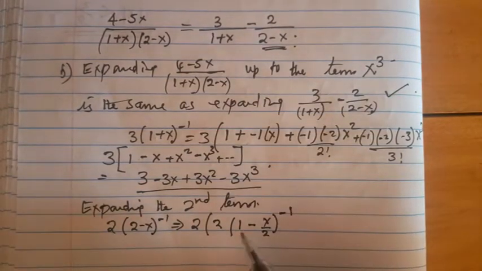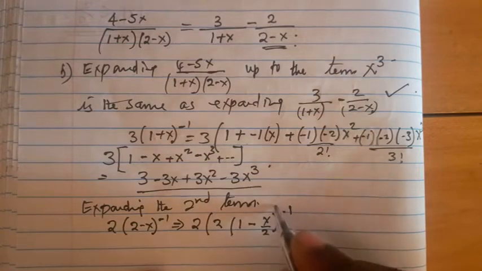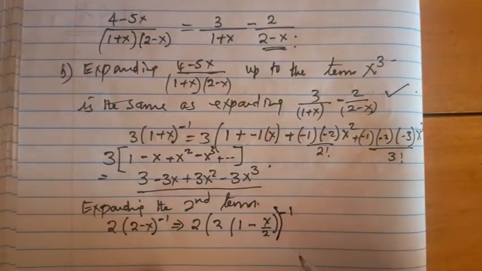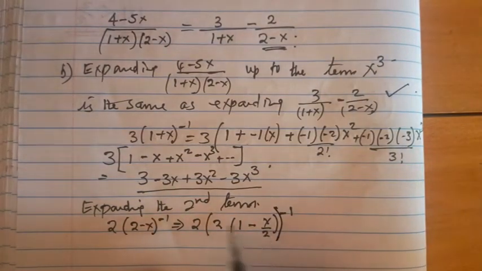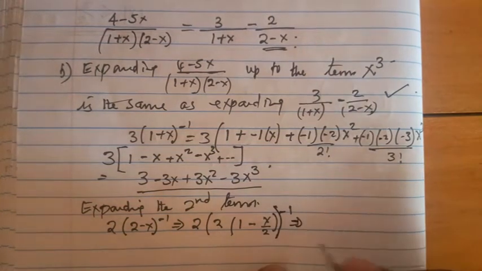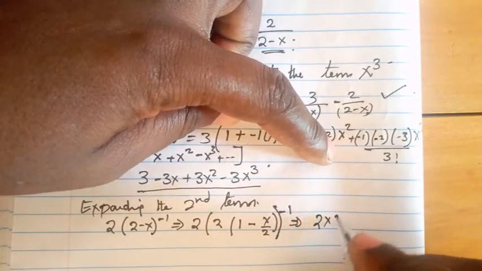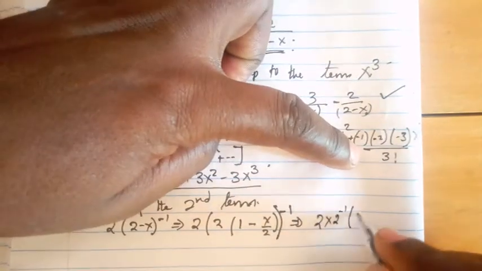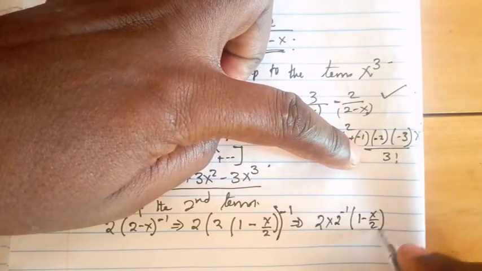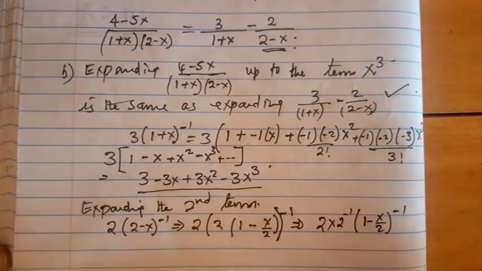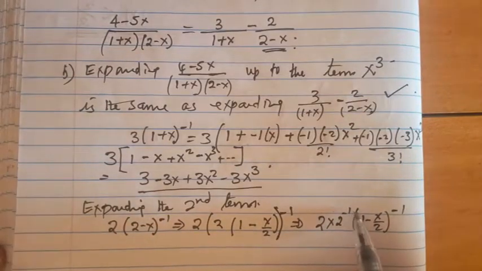So because there's a bracket there, this 2 has to be affected by negative 1, and you can see how it's behaving. So we have 2 multiplied by 2 raised to power negative 1, 1 minus x over 2 raised to power negative 1. So 2 raised to power 1 over 2 is simply a 1.